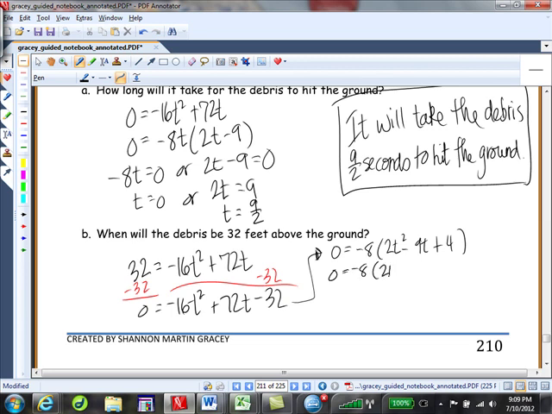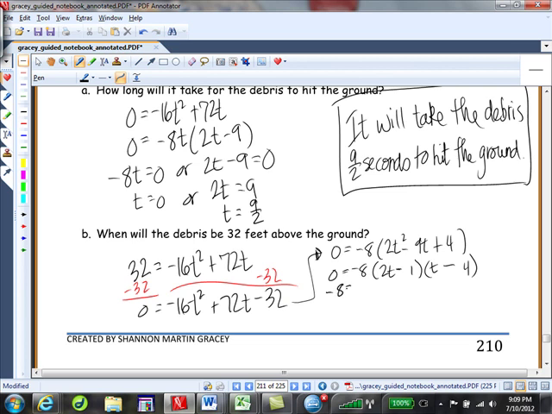I'll use trial and error since I've got a prime. And my other factors, I need a negative 9t in the middle. So I think if I do 4 and 1, it'll work. And this would be a negative and a negative. So negative t and negative 8t is negative 9t.